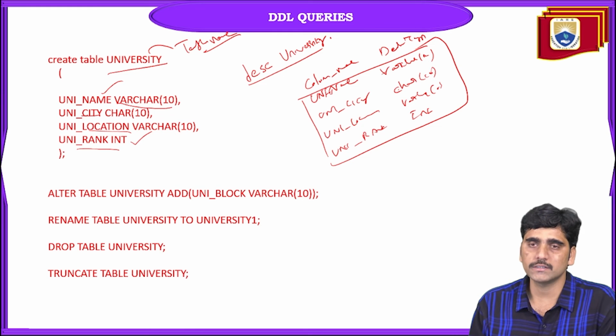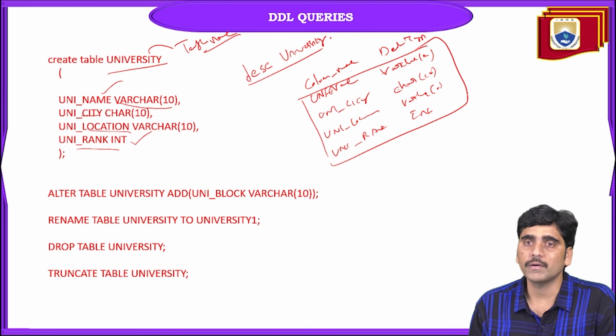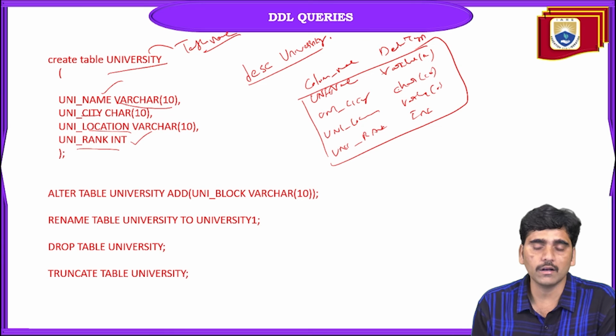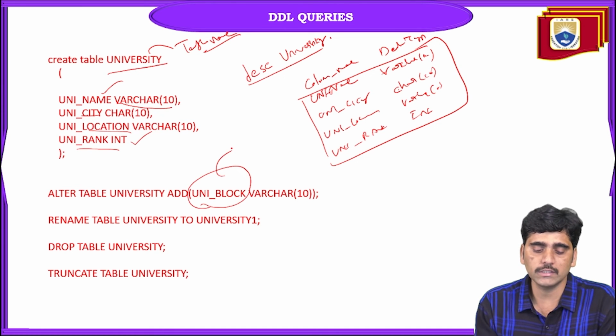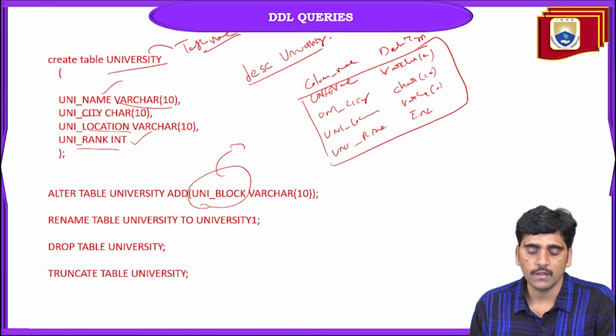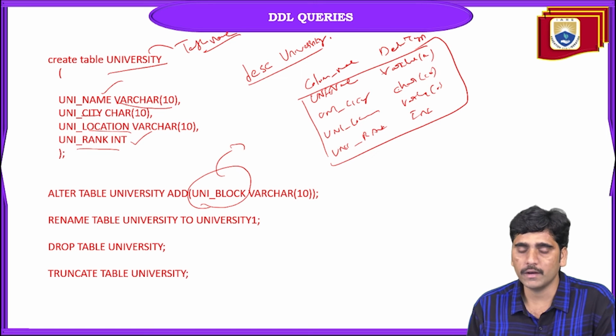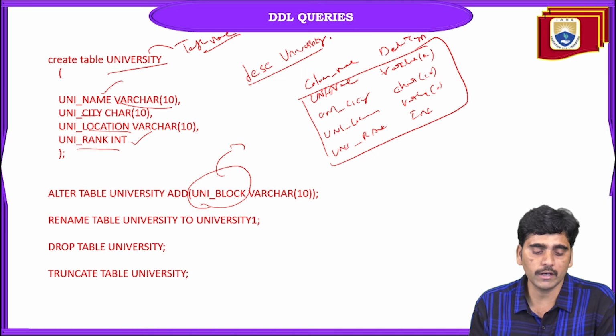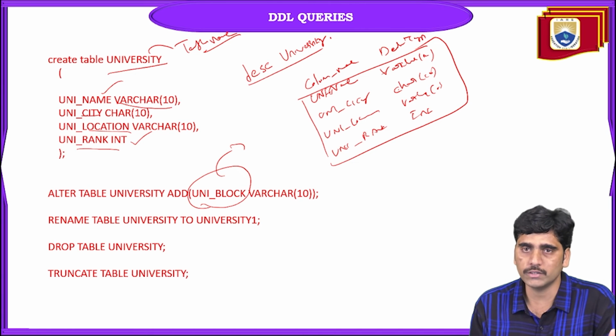So after seeing the structure, we are going to perform the alter command to add the next column, university block. So which block you are going to do some operations. University block, a column name, is added to this university table. We can add it by using alter table university, add university block.